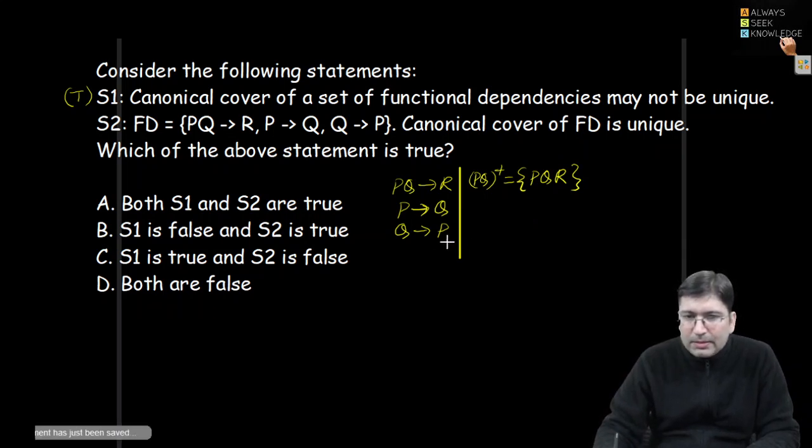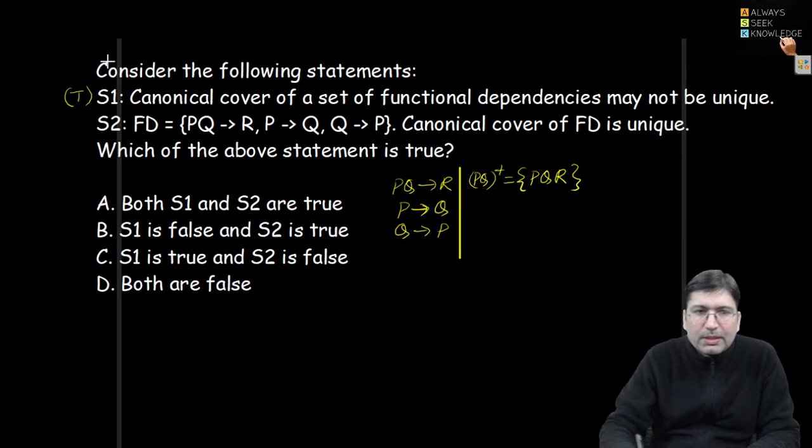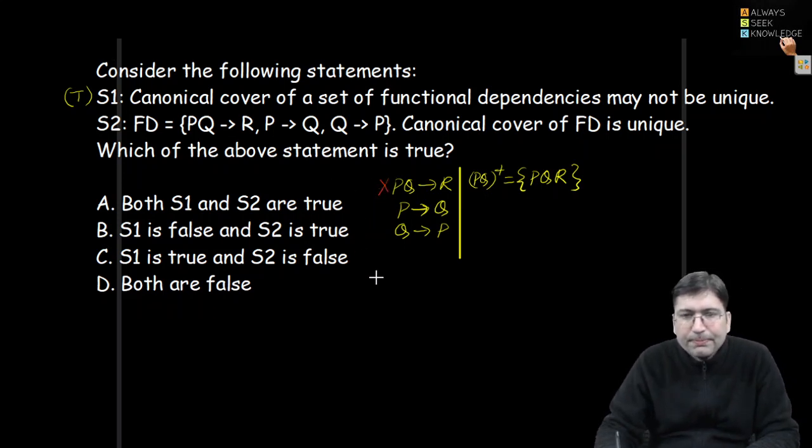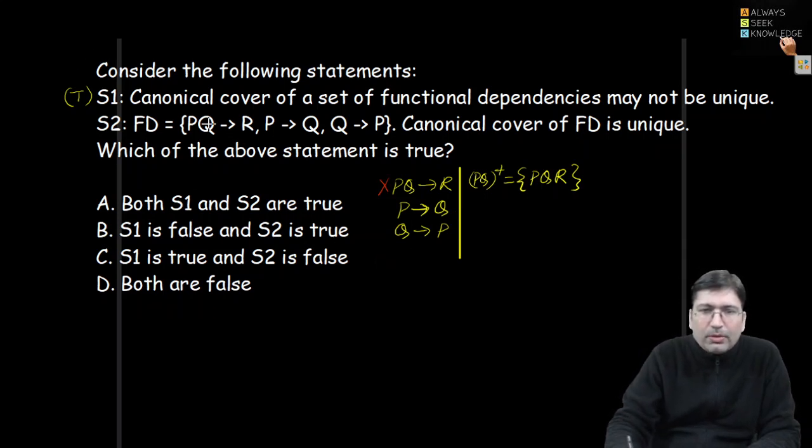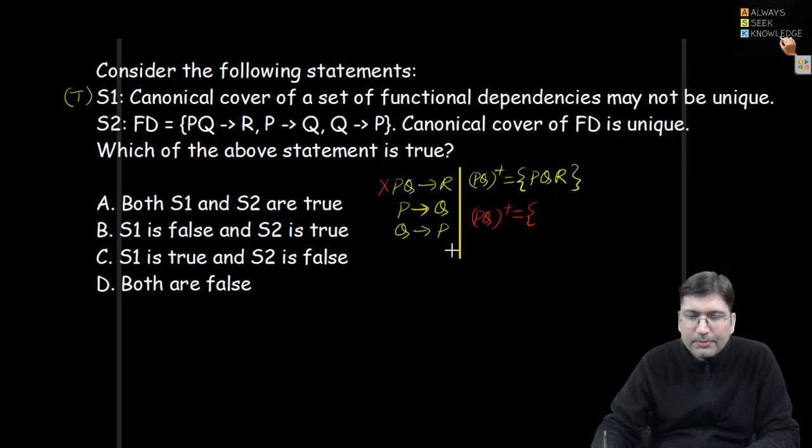Now the next thing is, if we do not consider this rule, I'm considering this rule is not given. You have the remaining rules. Now if we calculate the PQ closure again, check what we are getting.